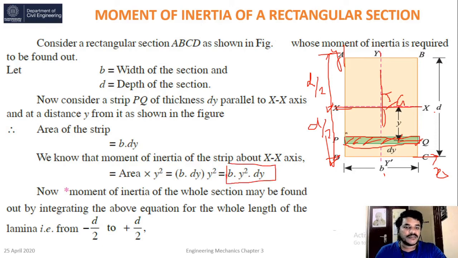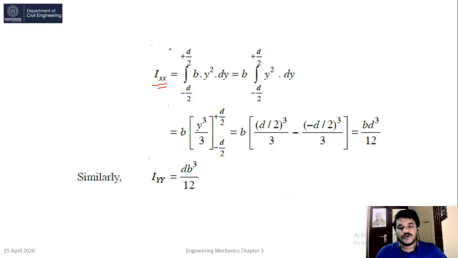For the entire section you need to add all the strips, and there are a lot of strips like this. For that we use the integration procedure: b into y square into dy. You can take the constant b, the width of the section, outside, since it never changes. The variable is y, so the integral from minus d by 2 to plus d by 2 of y square dy.